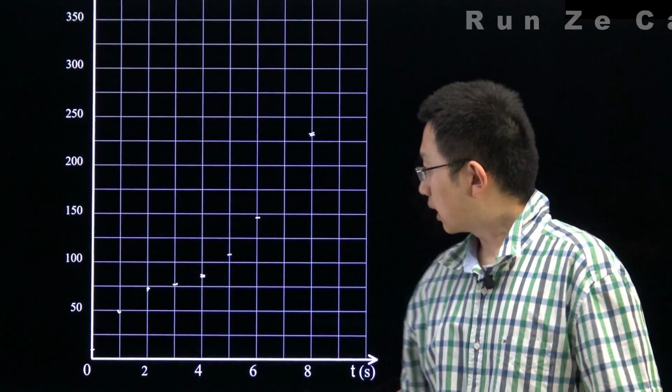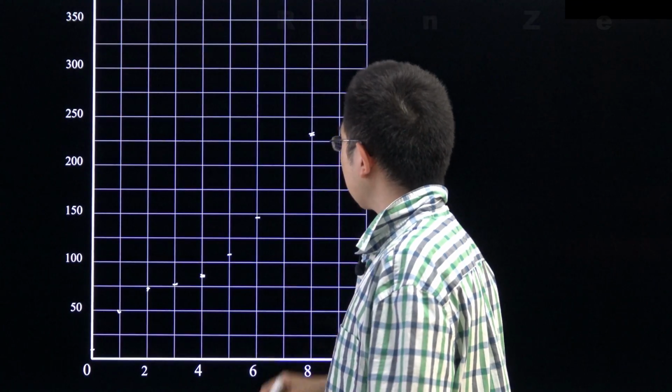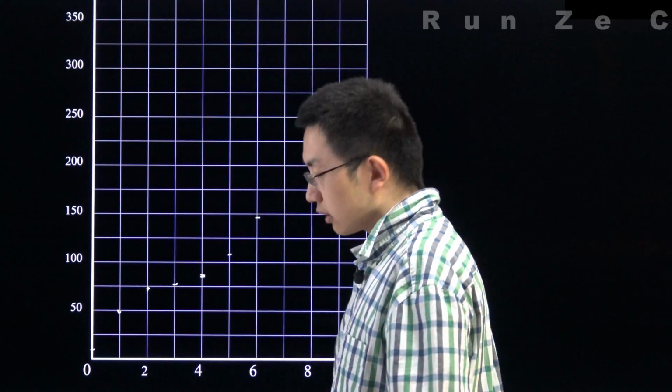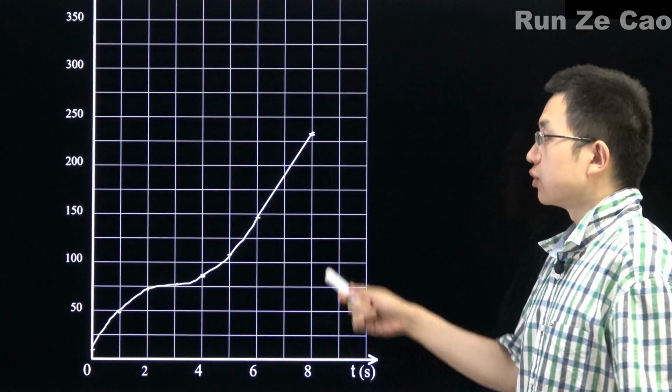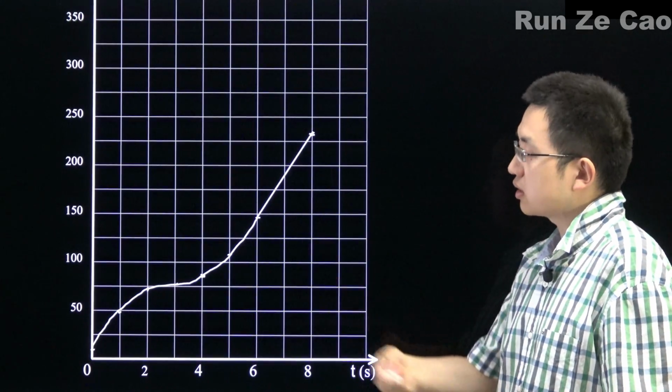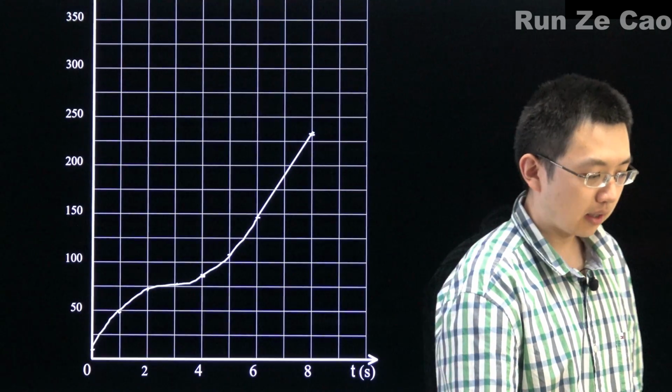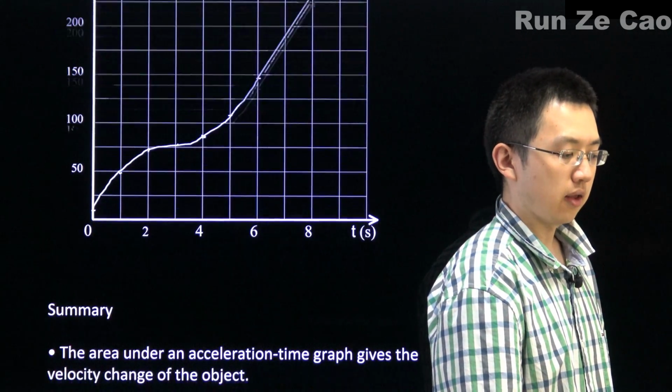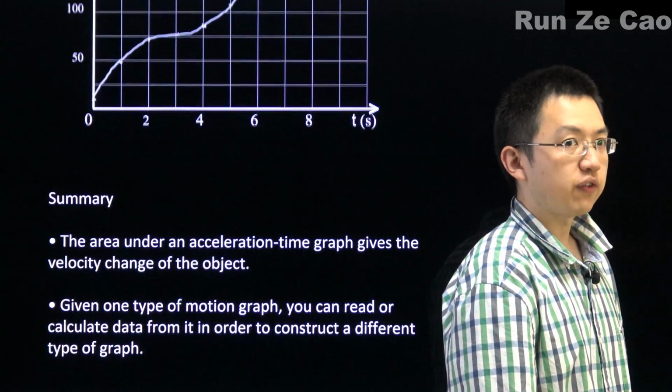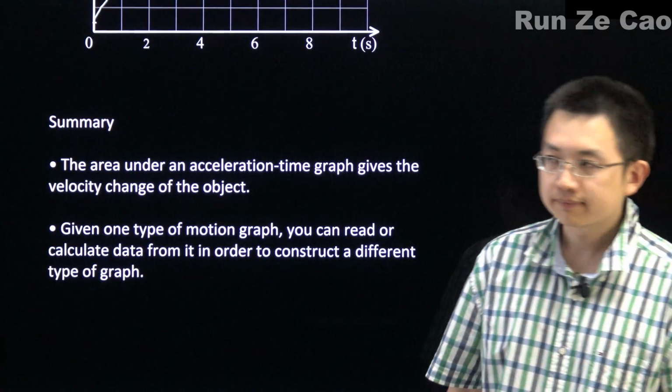And then we connect these with a curve, or rather a line for this bit. As said before, use rulers wherever you can, and the rest, well, take your best stab at it and produce as smooth a curve as you can. Make sure that it fits through the points you plotted.